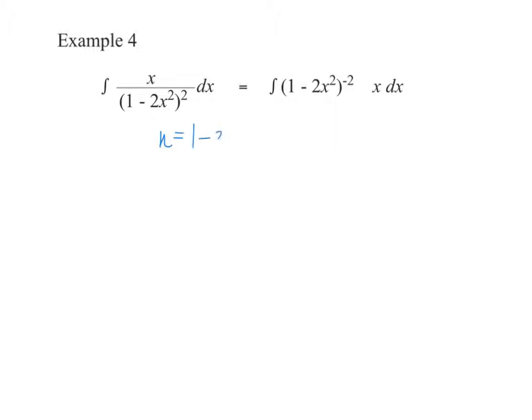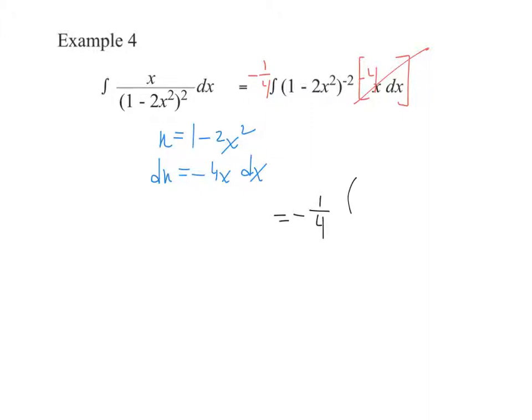where u is 1 minus 2x squared, and du is supposed to be negative 4x dx. So I need a negative 4 back here, and a negative 1/4 in front. As soon as that's there, we'll get rid of it and start the integration process. I'm going to add 1 to the exponent and divide.